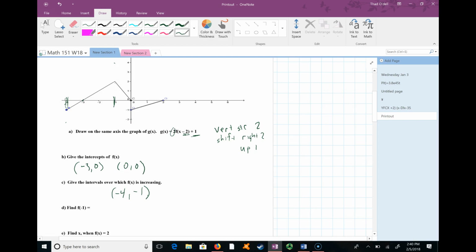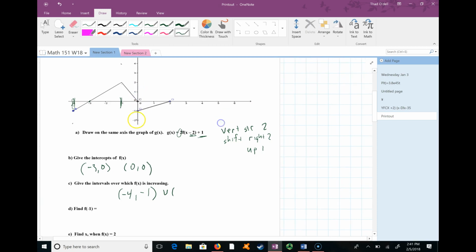So all the x values between -4 and -1 produce increasing y values as I go from left to right. But notice over here the same thing is happening, so I'd also put a little union here. I'm going from 0 to 2. So if I go from here to there, my y's are increasing. So I'd be from 0 to 2.